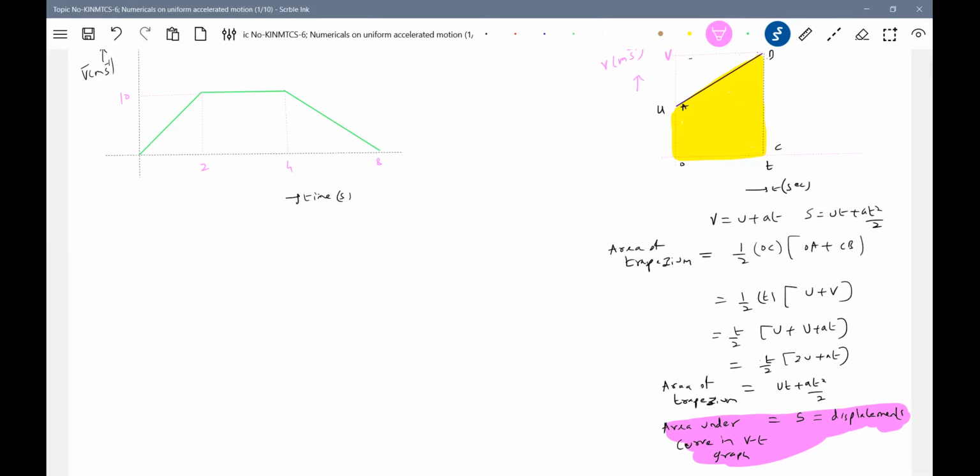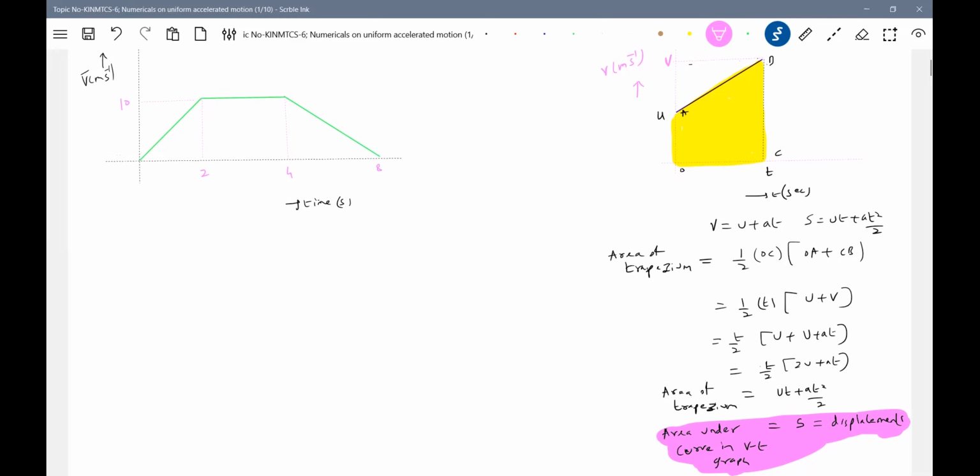This will be the best thing which is going to help us a lot rather than writing equations, because finding the area under a straight line will be much easier. Area of trapezium, area of rectangle, area of square, area of triangle, they'll be much easier. We can determine them easily.